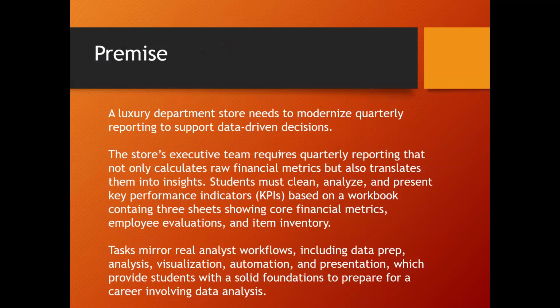They've collected data that not only allows you to calculate raw financial metrics, but translates that data into actionable insights so that the company can improve its operations and address any issues based on key performance indicators. When students complete the tasks in this project, it will allow them to experience what it's like to have a realistic data analysis workflow and evaluate their readiness to utilize Excel in a professional data analysis setting.